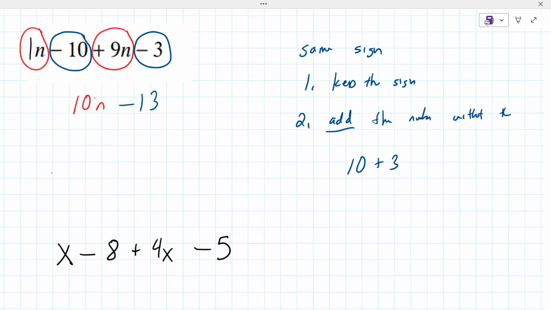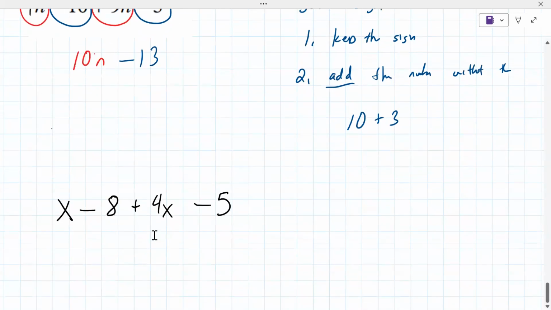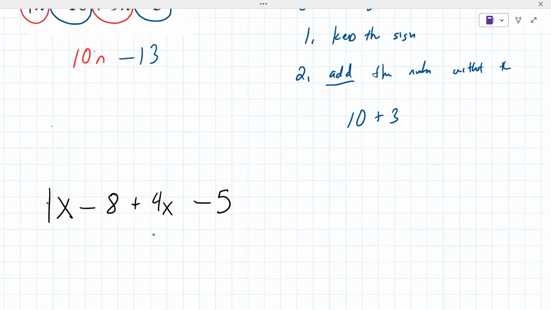Would it be 5x plus 13? Check your signs. Check that one more time. Yeah, what I'm really asking is what is -8 minus 5?